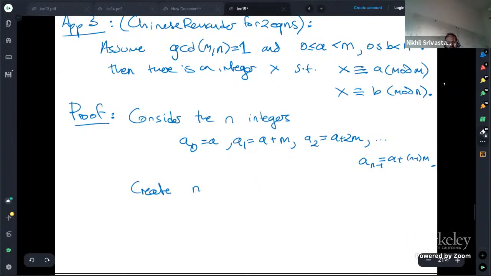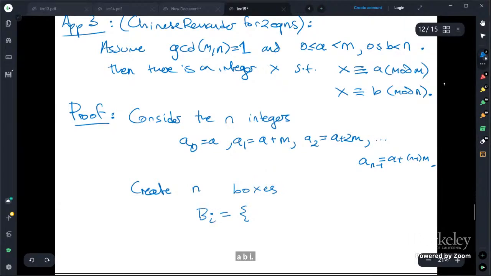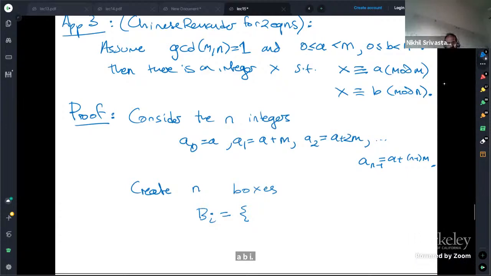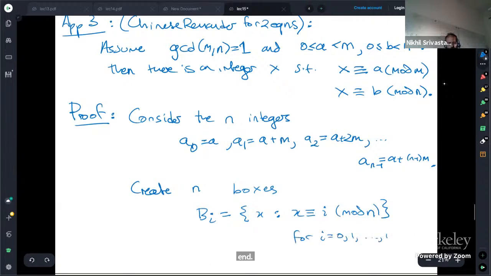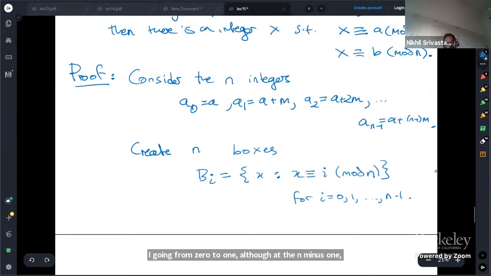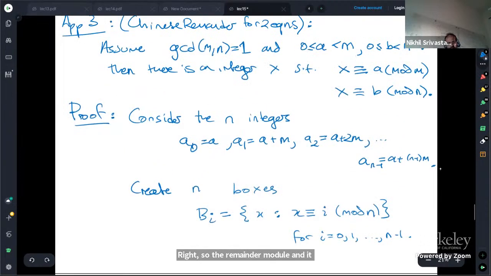Maybe I'll do it like this: B_i is going to be the set of integers, let's just call them x, such that x is congruent to i mod n, for i going from 0, 1, all the way up to n minus 1. So the remainder modulo n goes from 0 to n minus 1. So there are n boxes.